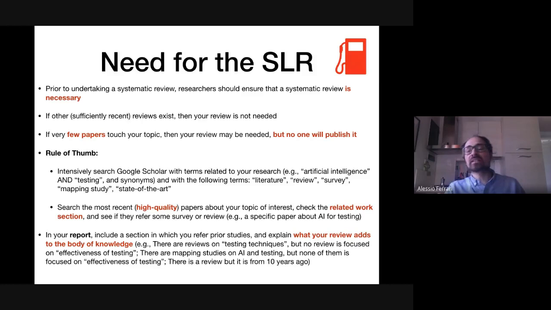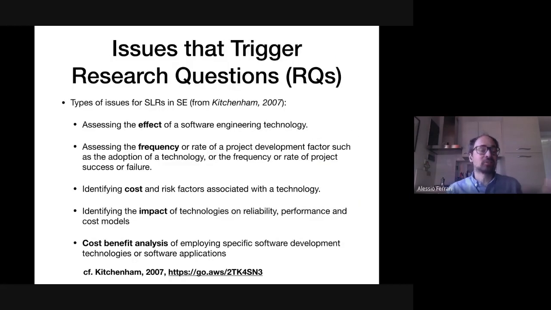So you intuitively understand that a systematic literature review is needed if none of the existing papers cover that type of topic. But this needs to be made evident, okay?